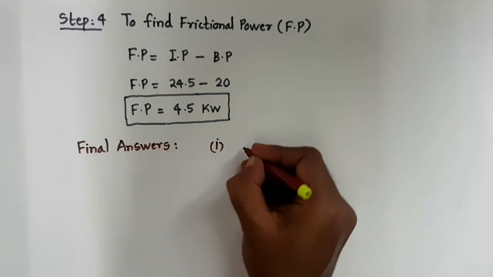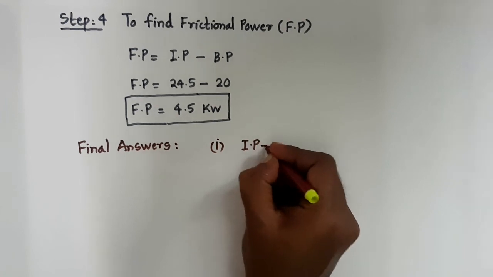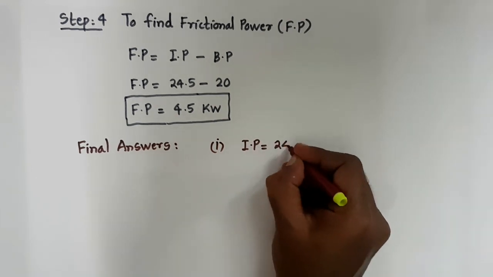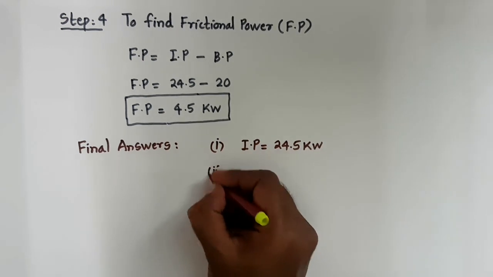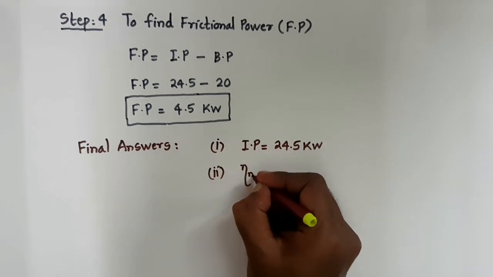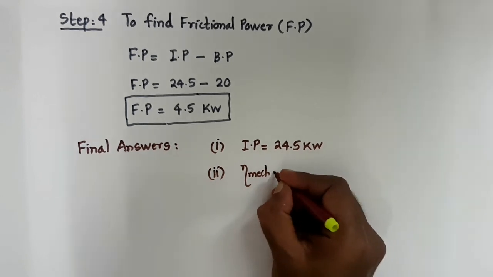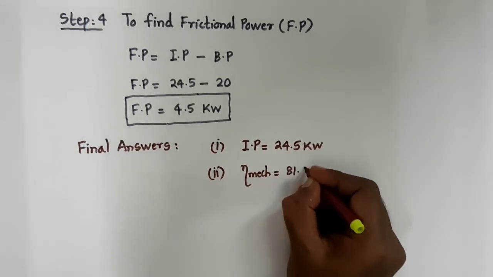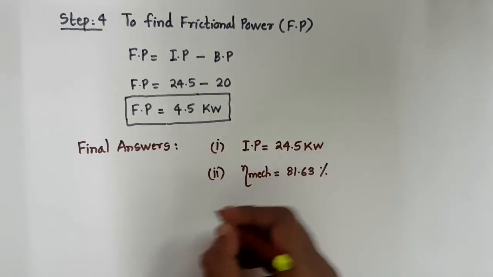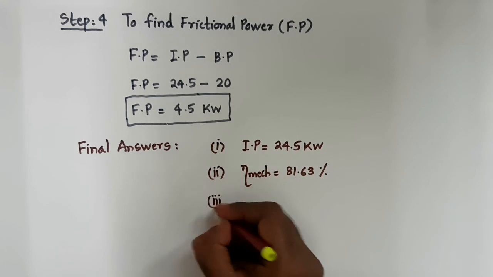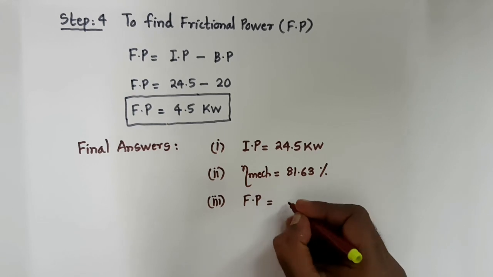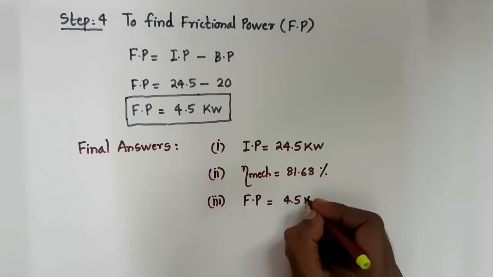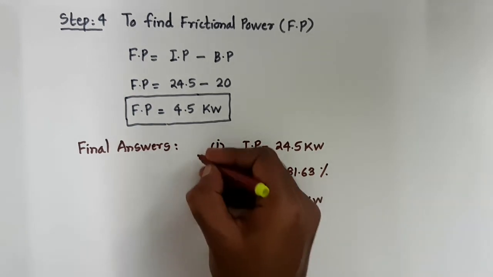So the final answers are: first one, total indicated power 24.5 kilowatt, then mechanical efficiency 81.63%, and the third one is friction power, which is equal to 4.5 kilowatt.